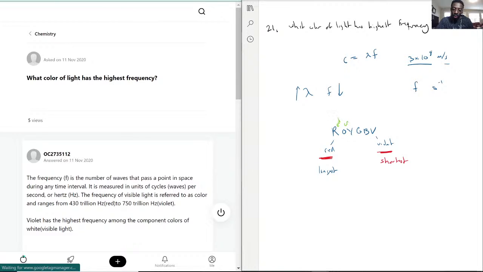So this is red, orange, yellow, green, blue, violet. You see Roy G Biv with indigo, but indigo is a mixture of blue and violet, so it's in between. This is the order you definitely need to memorize, because if they ask which has the larger wavelength, yellow or green, you would say yellow, meaning green has the higher frequency. So for this question, what color of light has the highest frequency? It's violet.